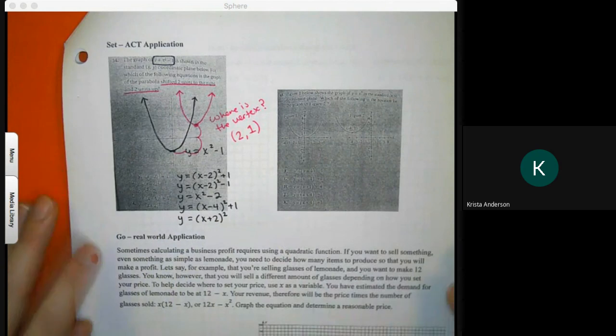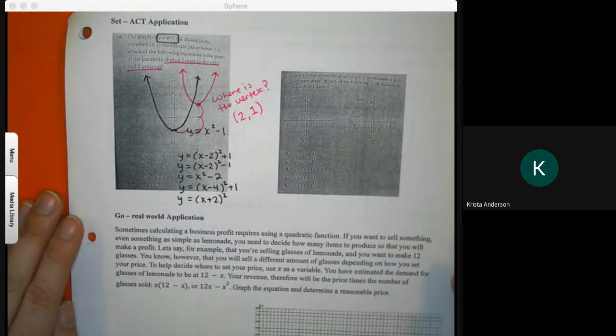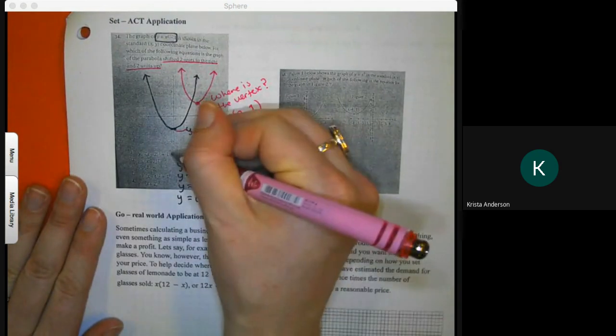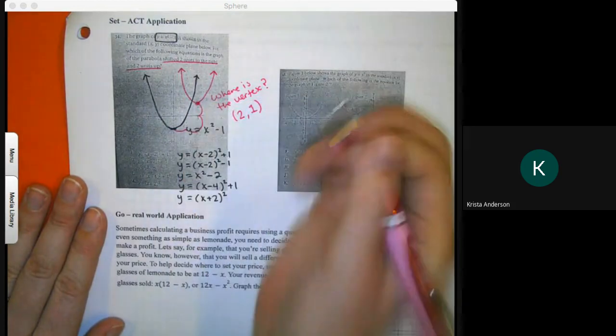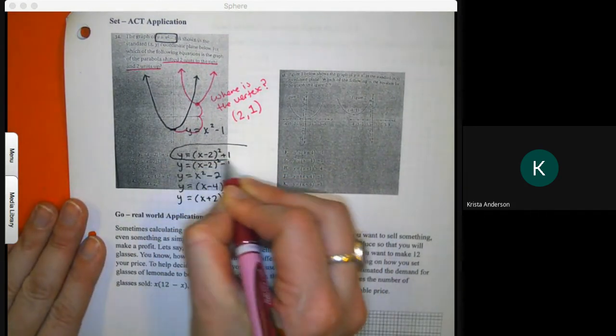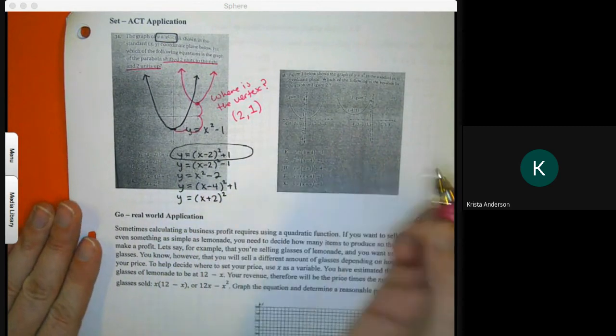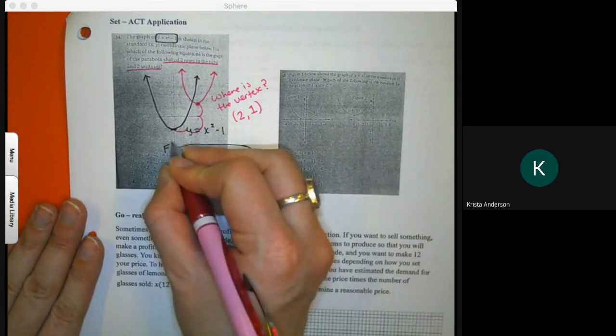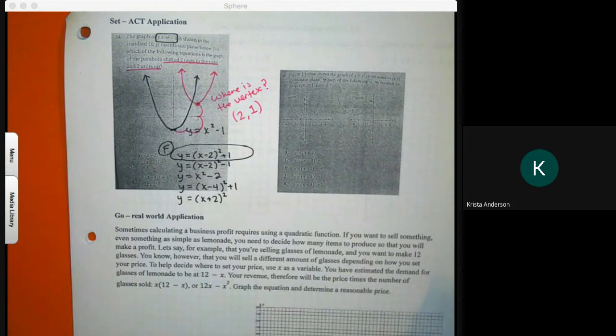Does anybody know which one of these questions it is? First one? Why would you say it's the first one? Why would F be my answer in the multiple choice question? Because instead of a -1, it's a +1.